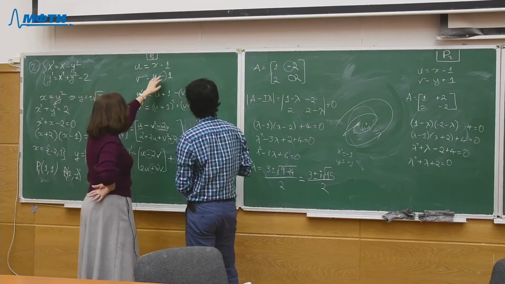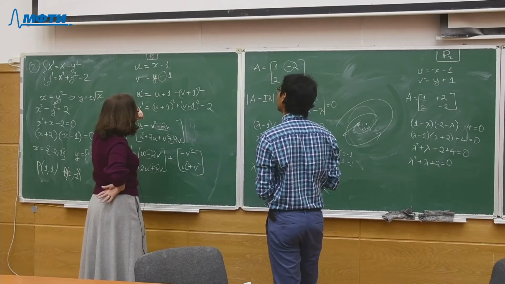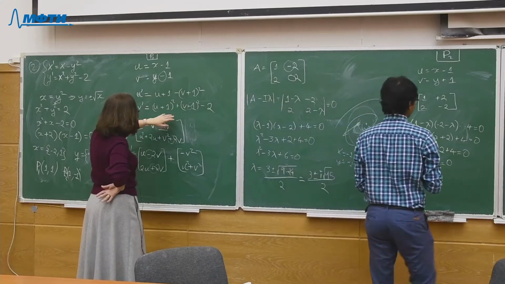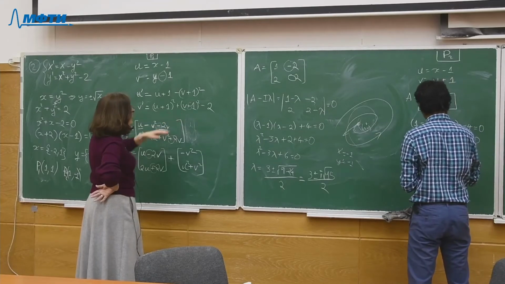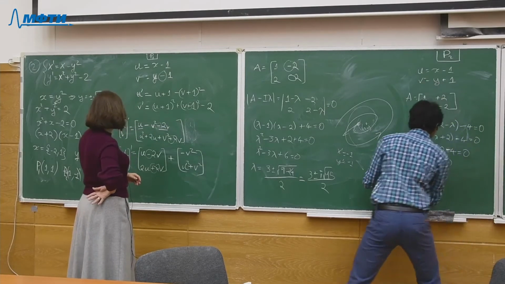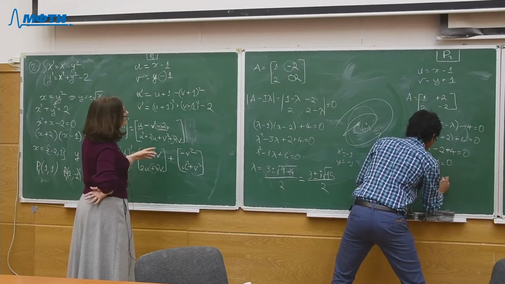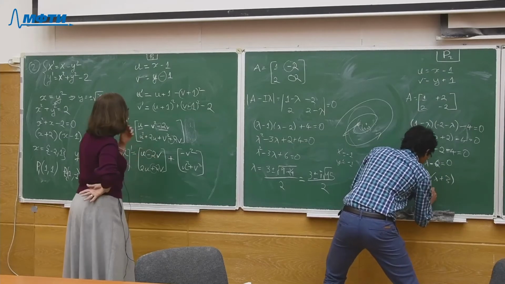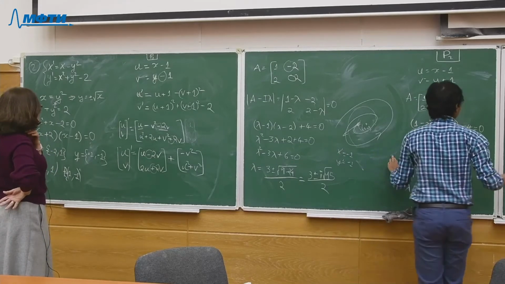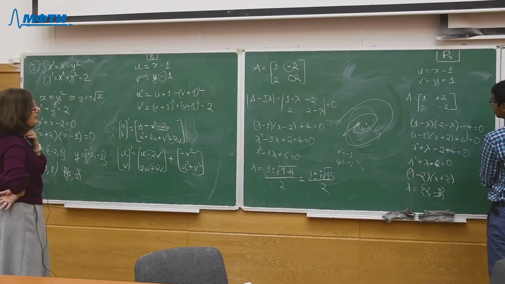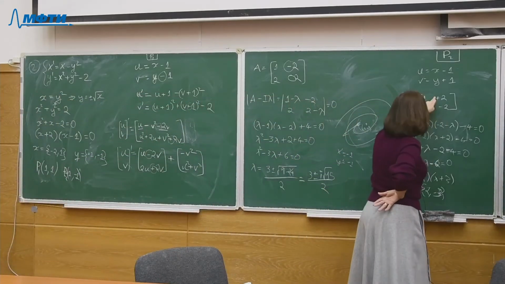So let's write plus 1 plus. Yes, now it is plus, and then 1 minus 2. Now it is correct. Plus and minus.